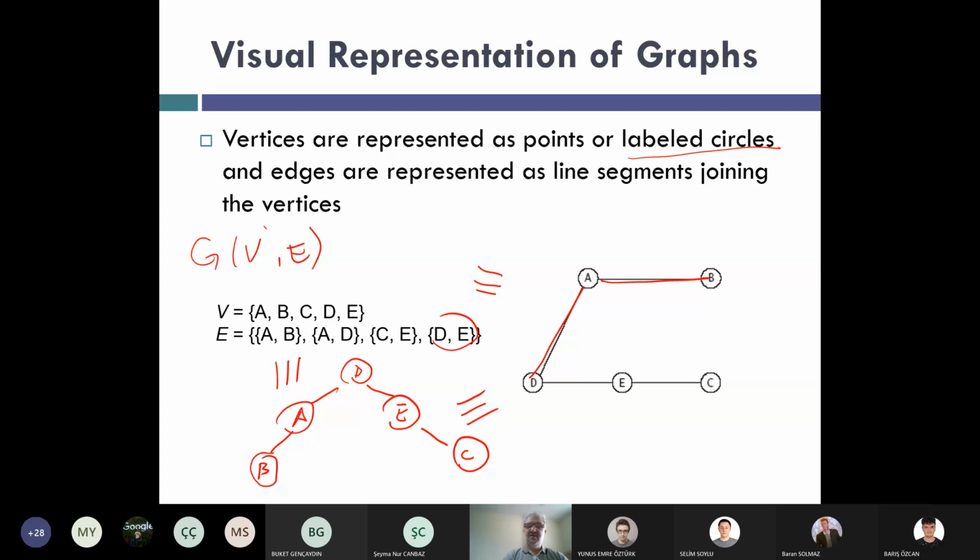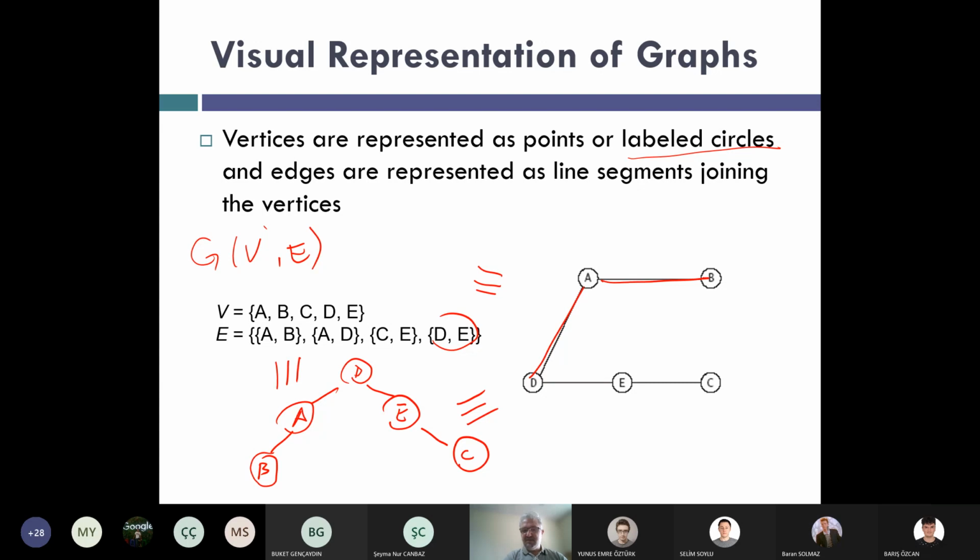So in graphical, visual representation, the positions of the vertices are not important.